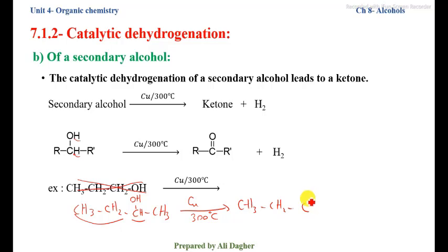CHOH is transformed to carbonyl group C double bond O, and the other R remains the same, CH3, plus H2. This is the example of catalytic dehydrogenation of secondary alcohol.